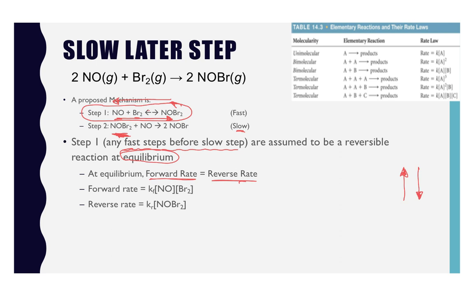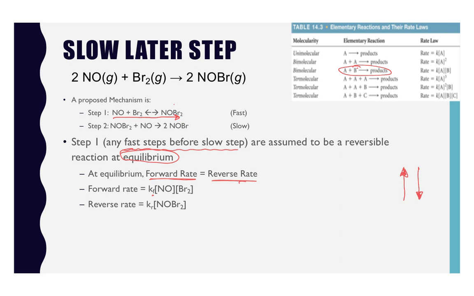Well, if I write the rate law for the forward reaction, the reaction going from NO and Br2 to NOBr2, that is an elementary reaction, A plus B goes to products. So the rate for that would be some k for the forward reaction times the concentration of NO times the concentration of Br2.